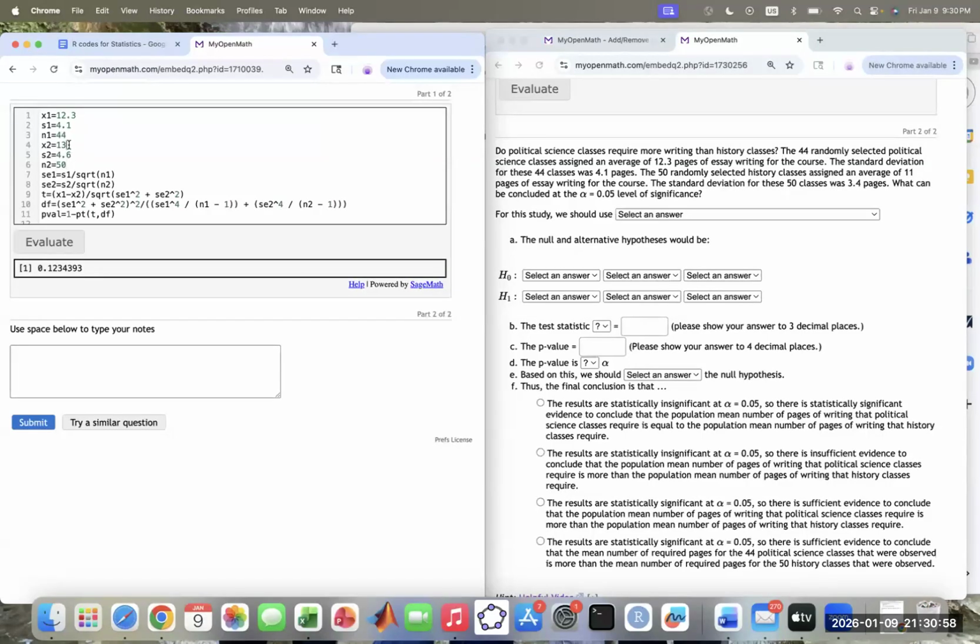And then the x2 would be 11. And then the standard deviation, that would be 3.4. Right. So for over here, I will have the t value right here. That would be 1.66.